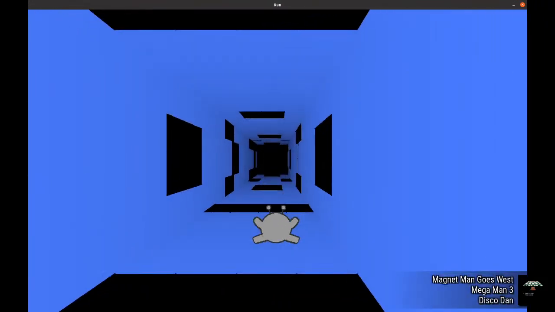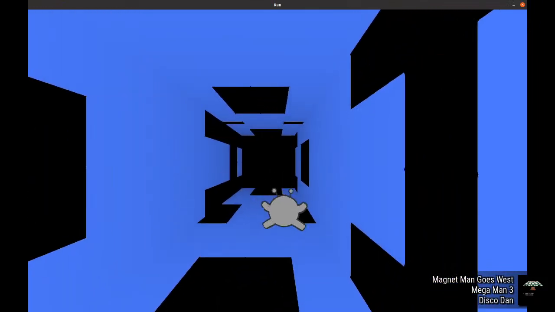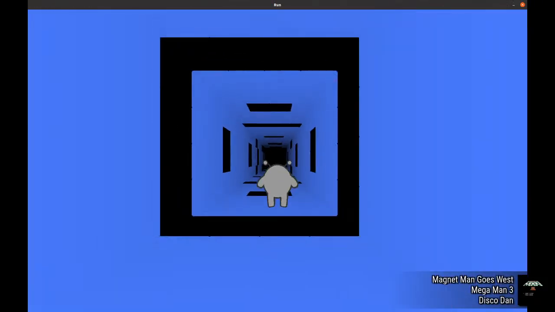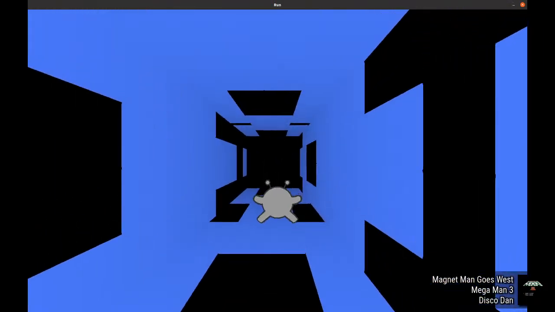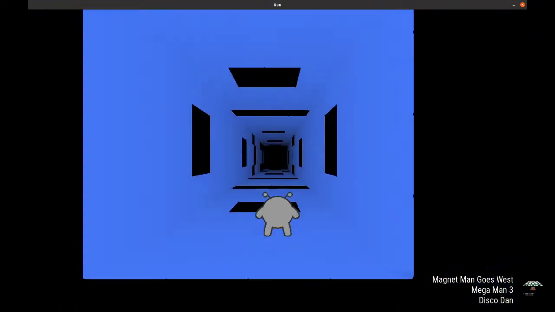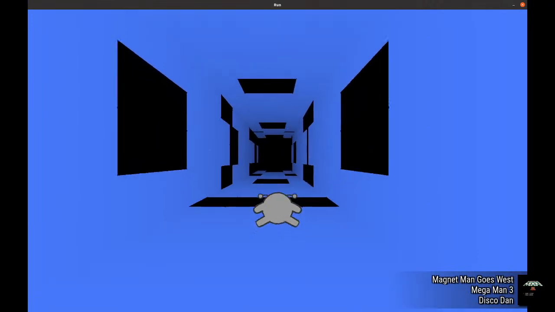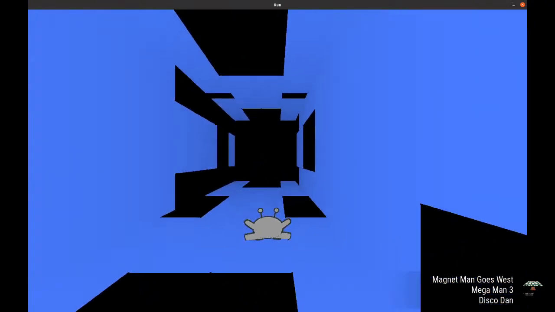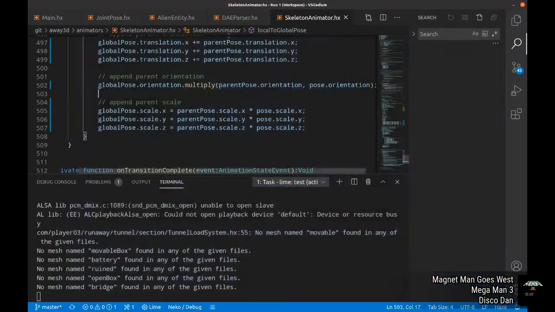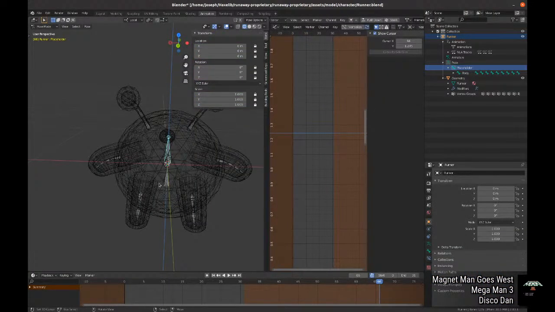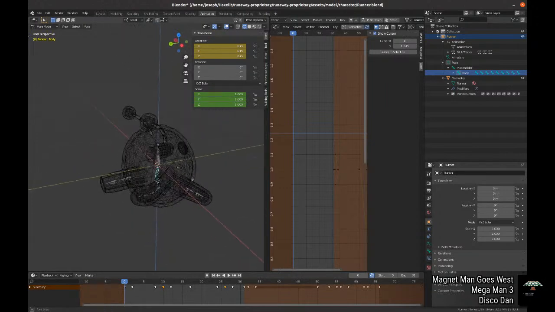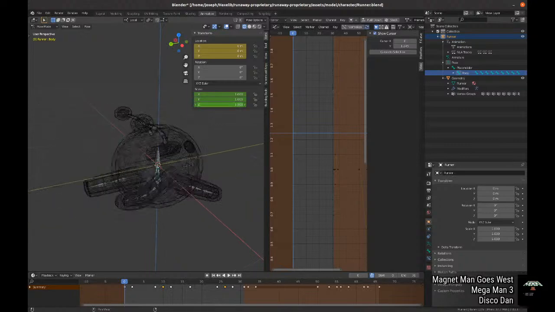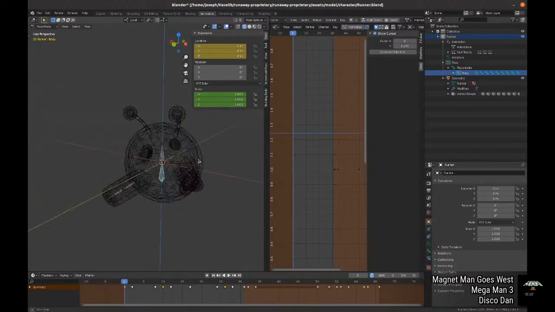Speaking of, what I've figured out is that scaling is done only along the 3 main axes in real space. So you can scale up and down, as the squish animation does. You can scale side to side. Let me go into Blender and show you. You can scale up and down in real space, forward and back, and side to side.